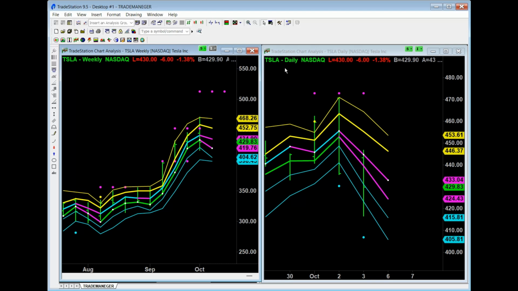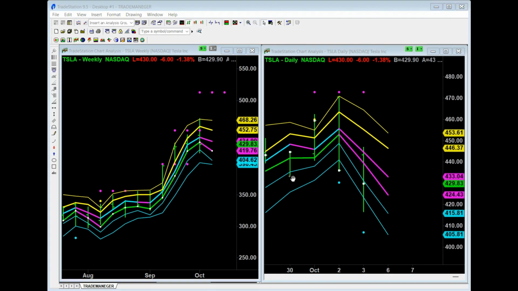On the last day of September, that's this daily chart, this bar chart. It opened here and dropped down to this price, $433. On the daily chart it opened on this green trend line and dropped down to this blue trend line, so it's a good support.